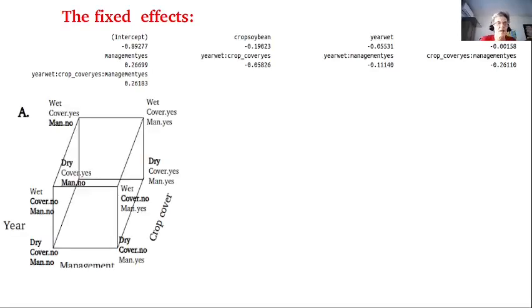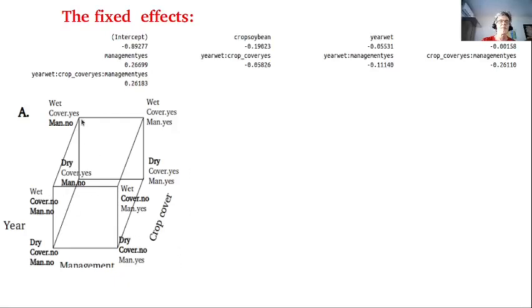And so here we have a cube. Here we have management, and for the combinations of levels of the three explanatory variables, here is management, here is year, white and red, wet and dry, and here is crop cover.